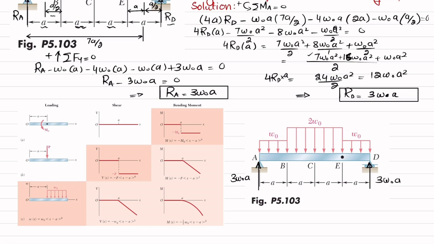Since we have distributed load on the beam, clear? So go to this figure, and you can see you have distributed load that is acting at a distance of A. So the shear force equation will be this one. But this distributed load is starting from this point and going towards the end.